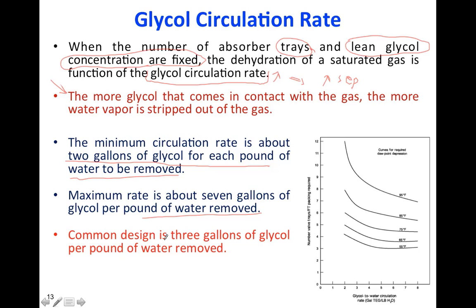The common design is 3 gallons per pound. Okay, the common design is 3 gallons for each pound of water to be removed. So the minimum is 2 gallons, and maximum is 7. 3 is something optimized that will be used most of the time: 3 gallons per each pound of water to be removed.